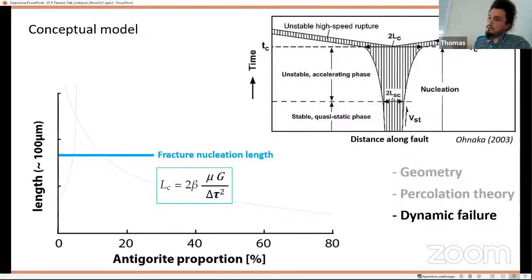You have the rigidity of the material multiplied by the rupture energy, so the rupture criterion actually, and you divide it by the shear stress, and there is a square here. So this is extremely important. I will explain just later.